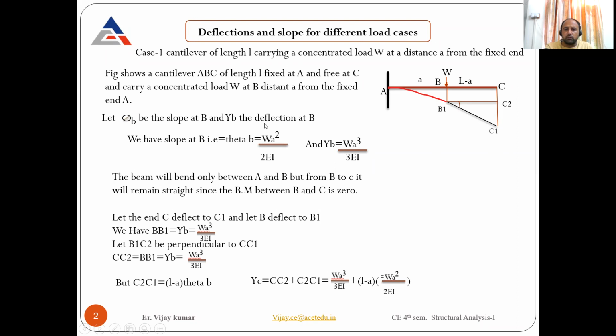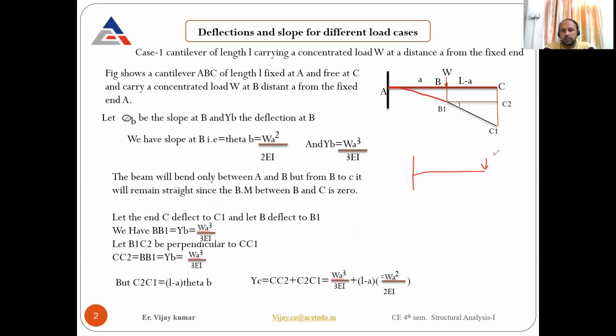For this segment, first of all we should know what the deflection is when there is a load at the free end. In the last class we saw the case where we have a cantilever beam and a point load W acting at the free end.